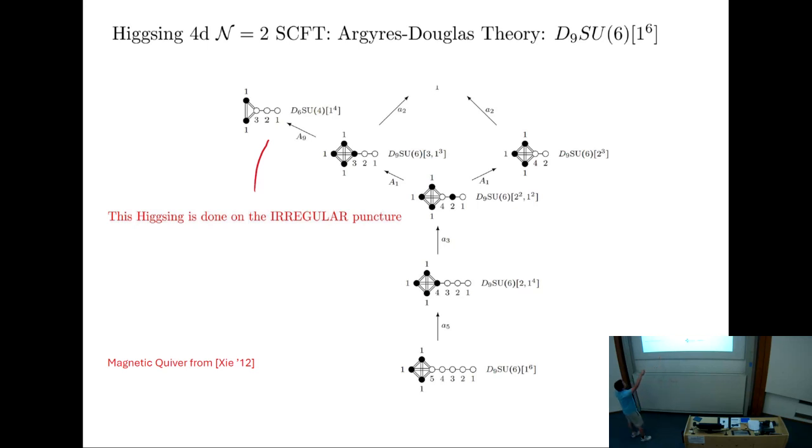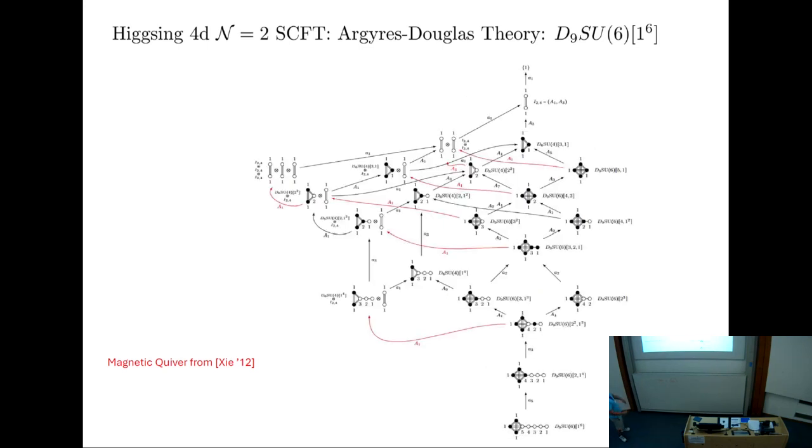Basically, this Higgsing means I'm actually doing a Higgsing on the irregular puncture of the Argyres-Douglas theory when viewed in terms of class S, which, as far as I know, is not something that is done in the literature because I can't do this partial closure of puncture for irregular punctures. But in the magnetic quiver, this decay is very straightforward. You have the results before and after the Higgsing. Everything works well. And this is just the rest of the results. Not a big deal.